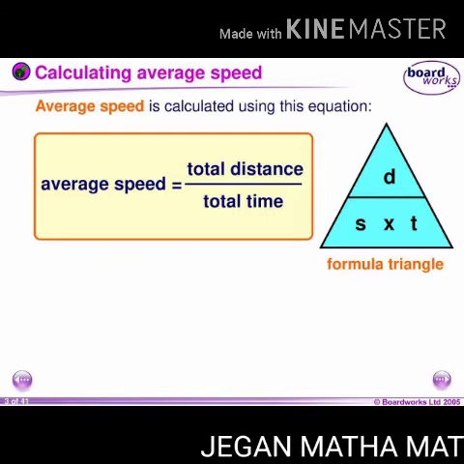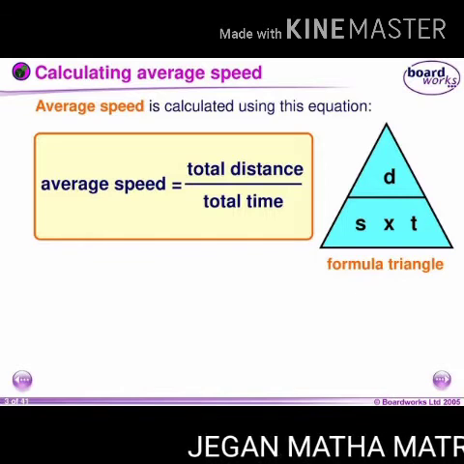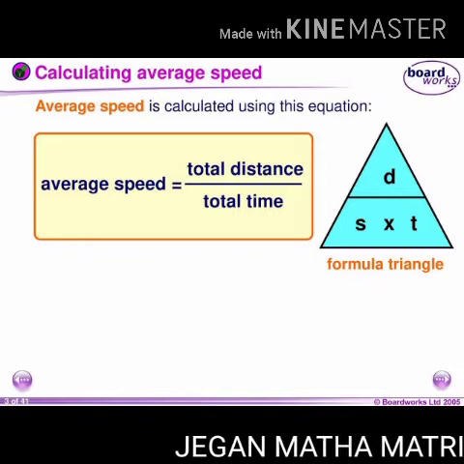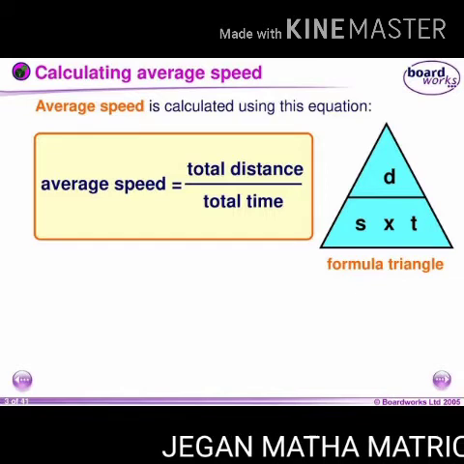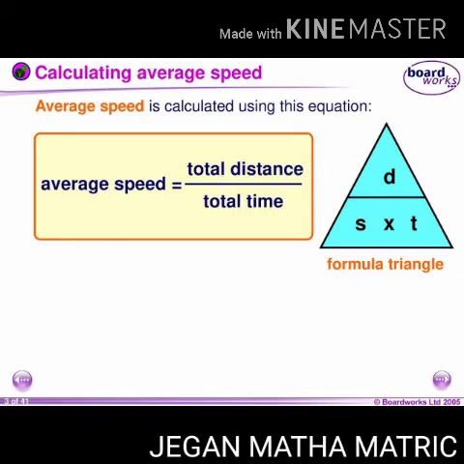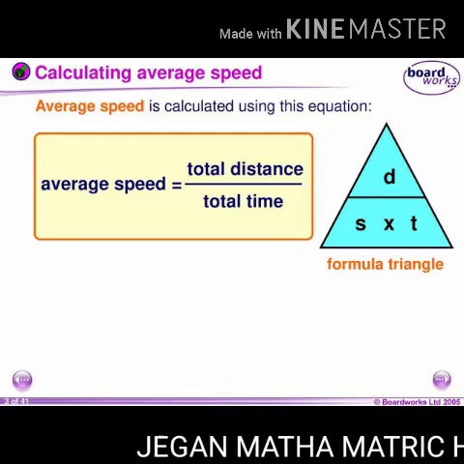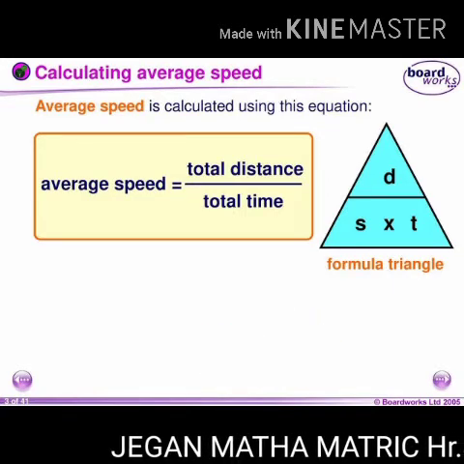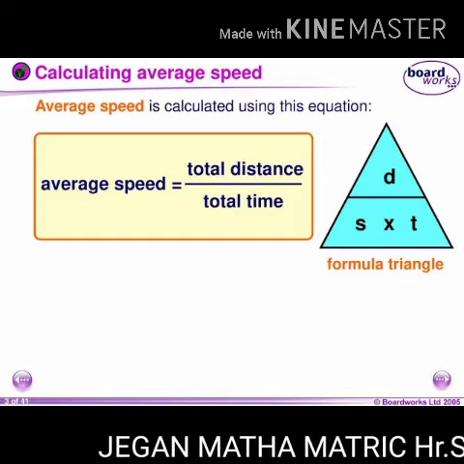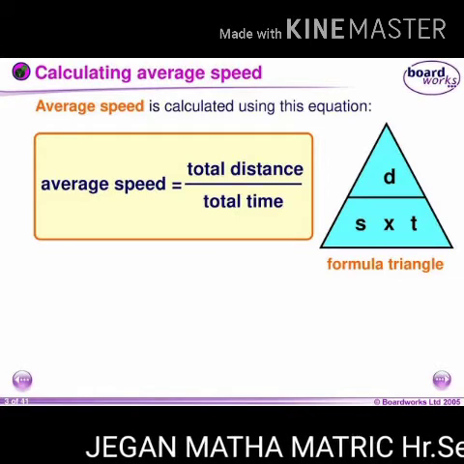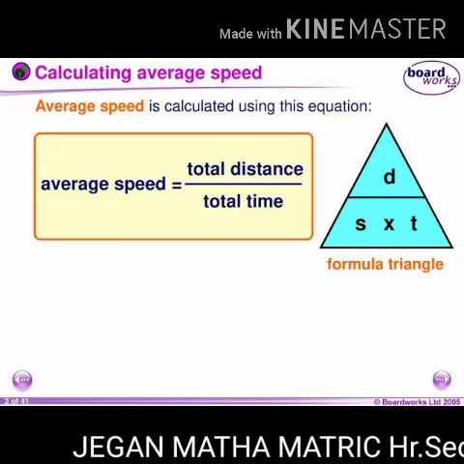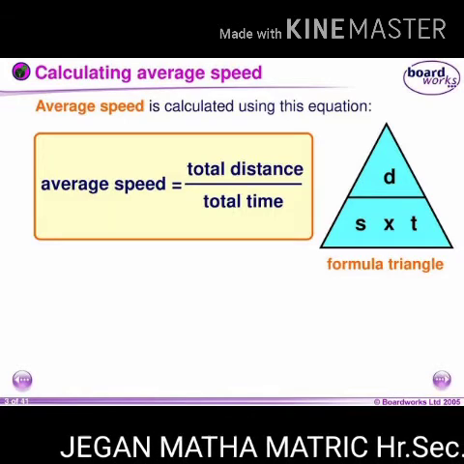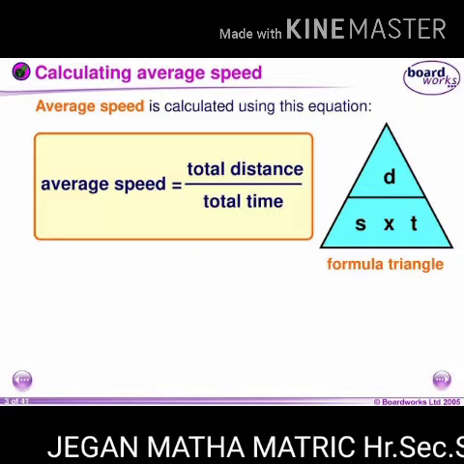Observe the formula for average speed. If we denote the distance in meters and the time in seconds, the unit of average speed is meter per second. If we denote the distance in kilometers and time in hours, then the unit of average speed is kilometer per hour.